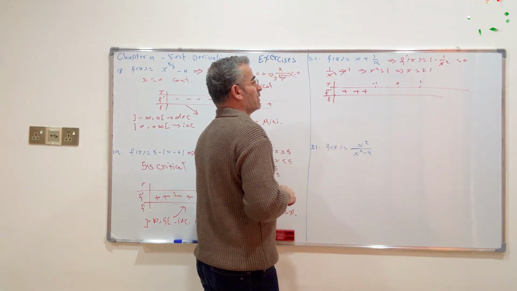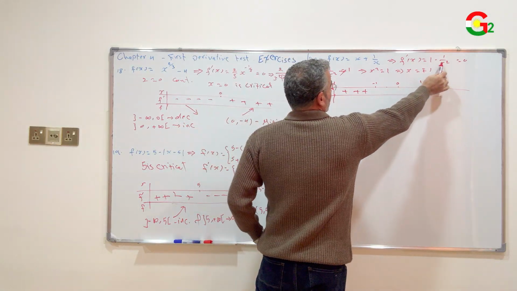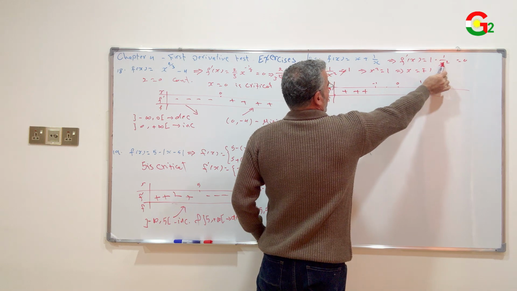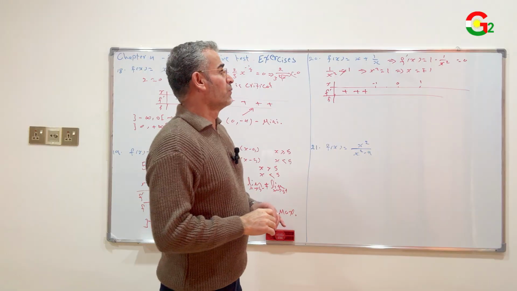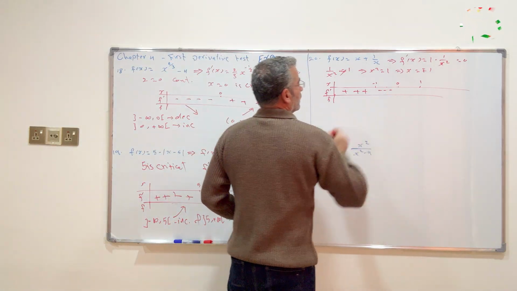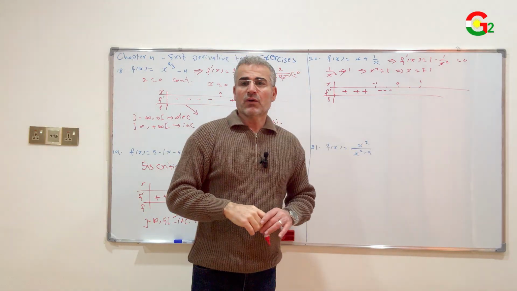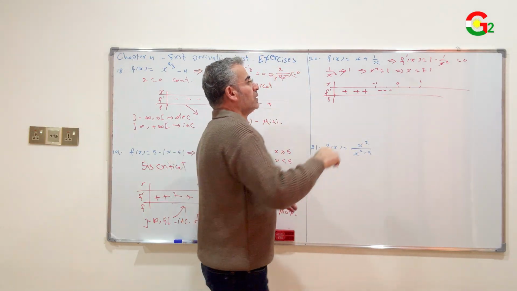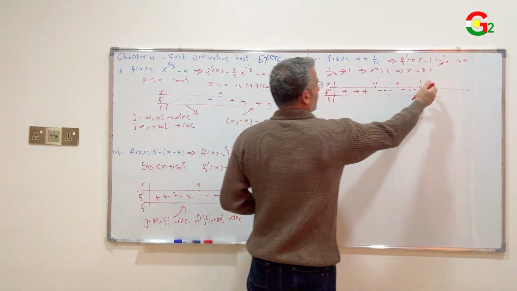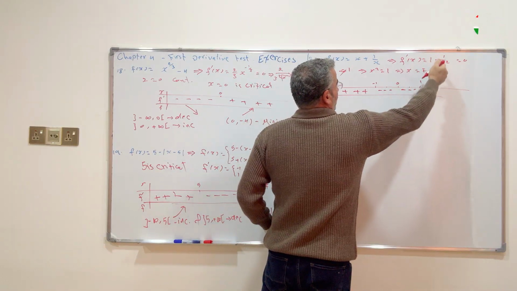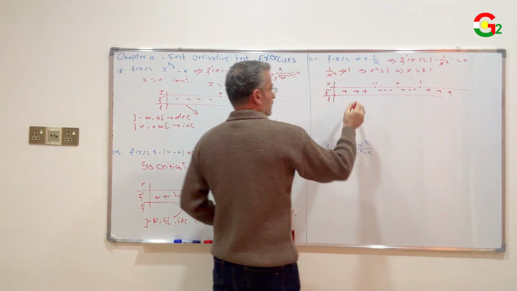the value of the derivative before and after 0. When x equals negative 1 half, negative 1 half squared is 1 over 4, 1 over 1 over 4 is 4, and 1 minus 4 is negative 3. When x equals 1 half, 1 over 1 half squared is 4, 1 minus 4 is also negative 3. When x equals 2, 1 over 4, 1 minus 1 over 4 is a positive value.